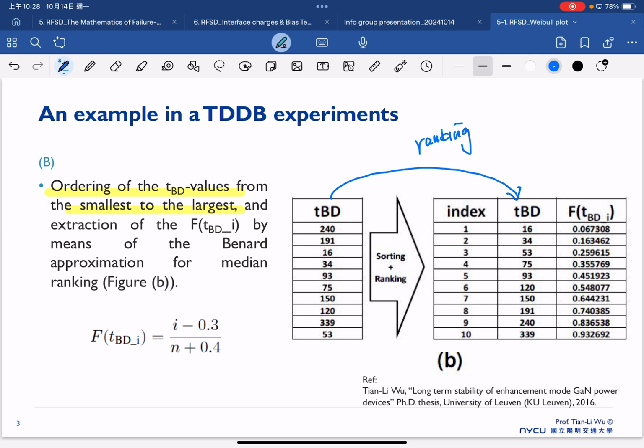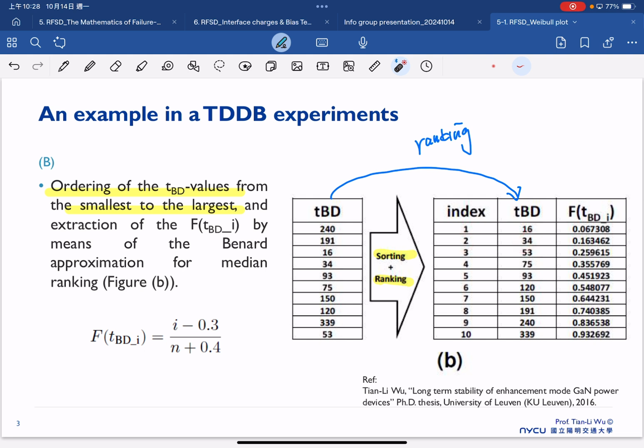So the first stage is we do the ranking, and another one is we do the numbering here. That's also the sorting. So we have index 1, where we have the TBD 16. Index 2 has the TBD 34.